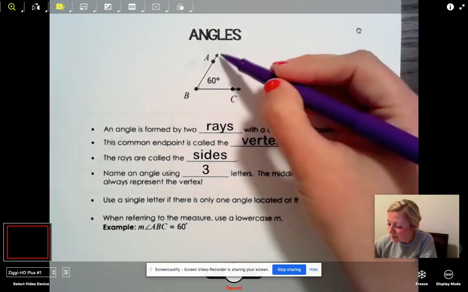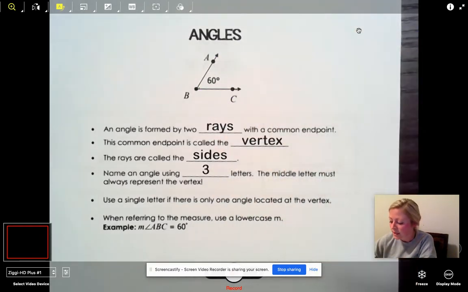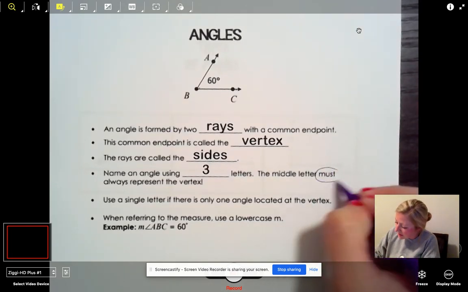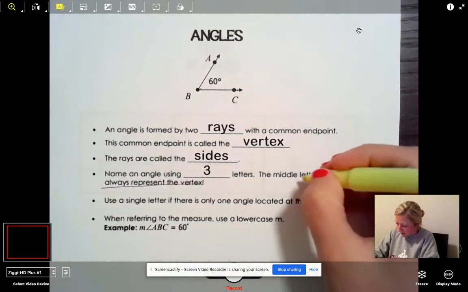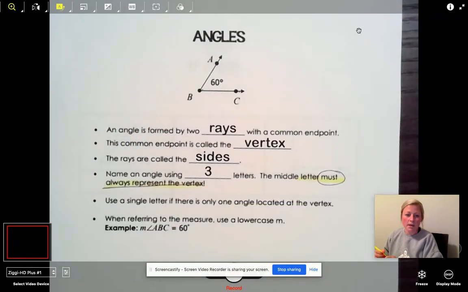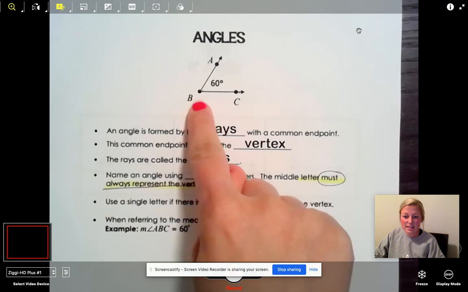So ray BA is a side, and BC is our other side. You can name an angle using three letters, but the middle letter must represent the vertex. Do you want to highlight or underline that? Whatever your little heart wants to do. The middle letter has to be your vertex.